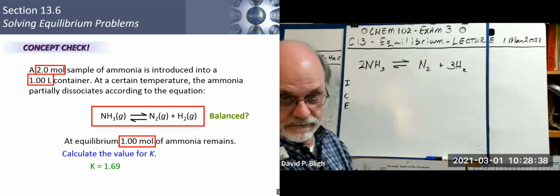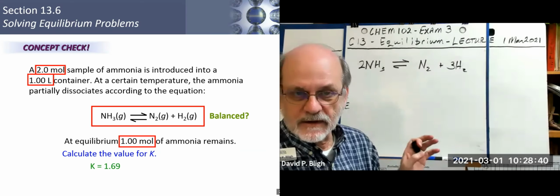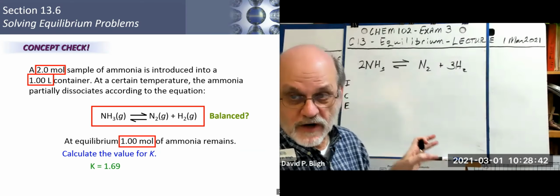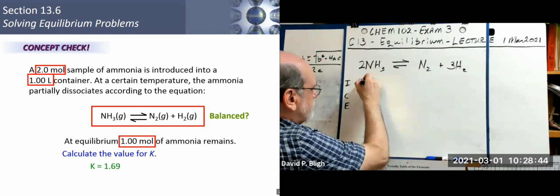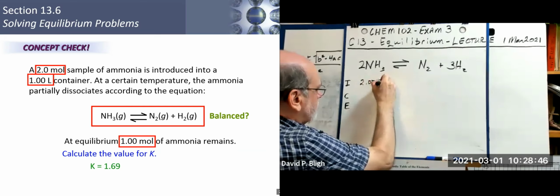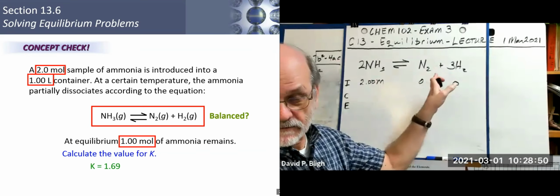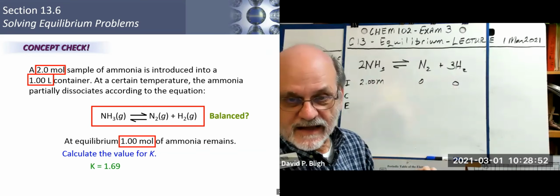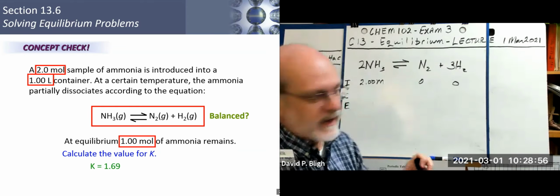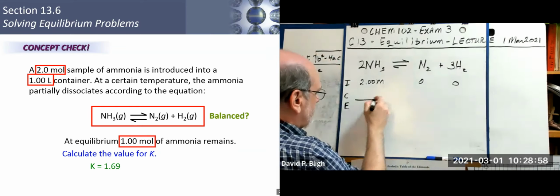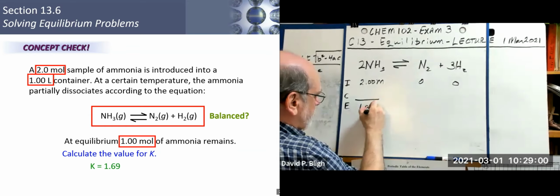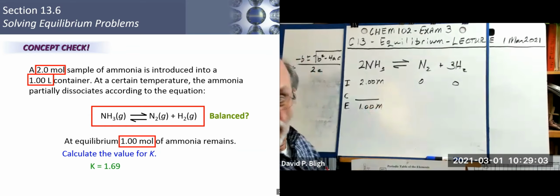So our ice table looks like this. We started with 2 molar concentration of ammonia, and none of that. And then it said, what's the ending condition? 1 mole of ammonia remains. 1 mole per liter, right?